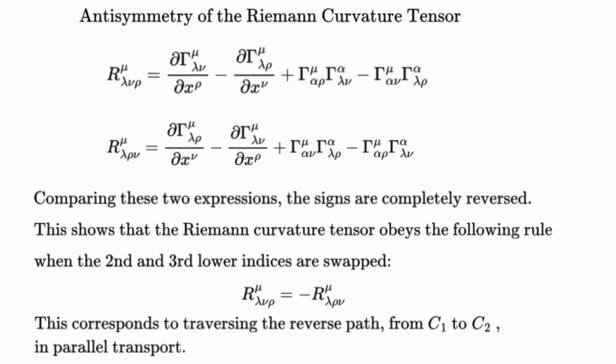Comparing these two expressions, the signs are completely reversed. This shows that the Riemann curvature tensor obeys the following rule when the second and third lower indices are swapped: R^μ_{λνρ} equals minus R^μ_{λρν}. This corresponds to traversing the reverse path, from C1 to C2, in parallel transport.